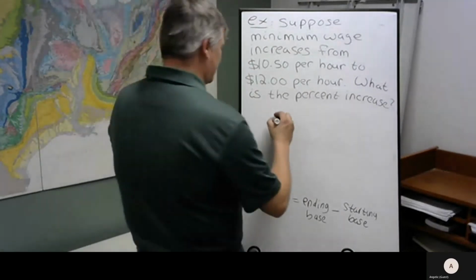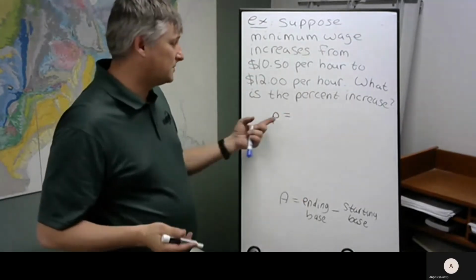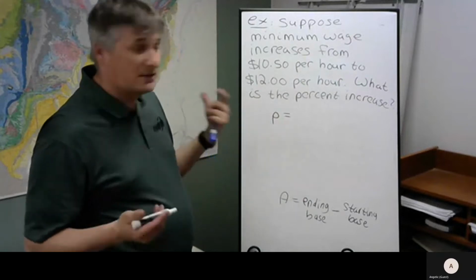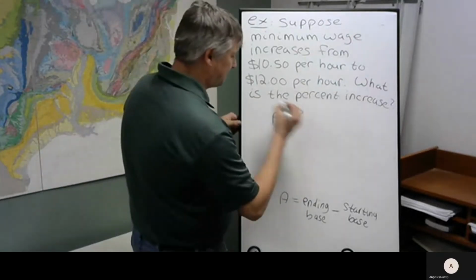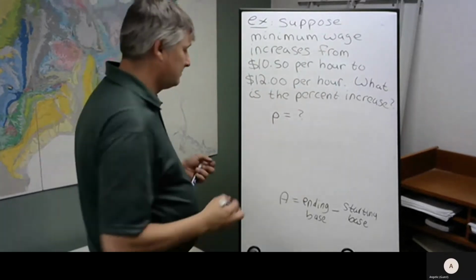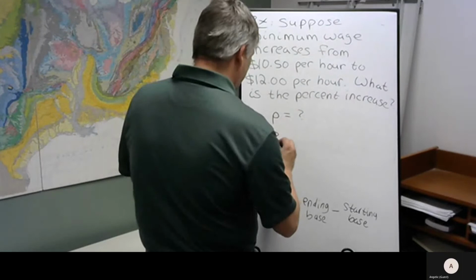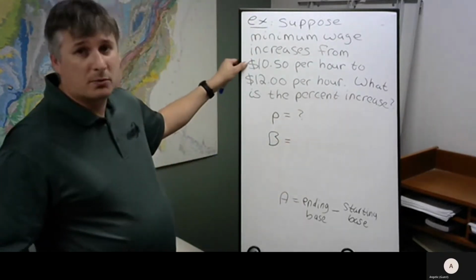Now, the percent, and again, since we're using the percent equation, where this is going to be as a decimal, in decimal form, we don't know. We're looking for that. Now, the starting base, because we have two bases here. The starting base is going to be the number we start with.